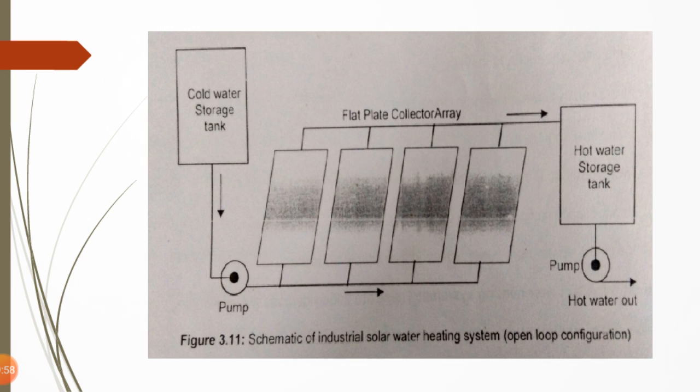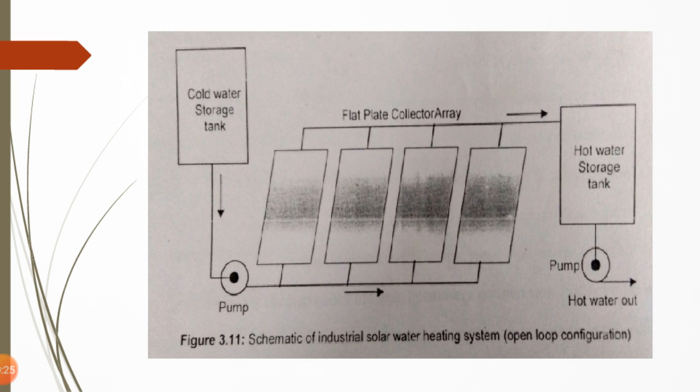This figure shows that there are two tanks, one for the hot water system and one for the cold water system. The left tank is the cold water storage tank. From that, the water is provided through the pump to the flat plate collector array, and when the water enters the flat plate collector, there is heating with the help of solar radiation.